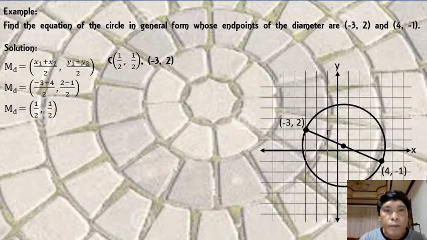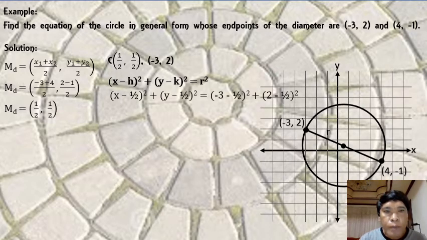First, find the equation of the circle in standard form. Then substitute, that is quantity x minus 1/2 squared plus y minus 1/2 squared equals. So once again, using the distance formula for the radius, negative 3 minus 1/2 squared plus 2 minus 1/2 squared.